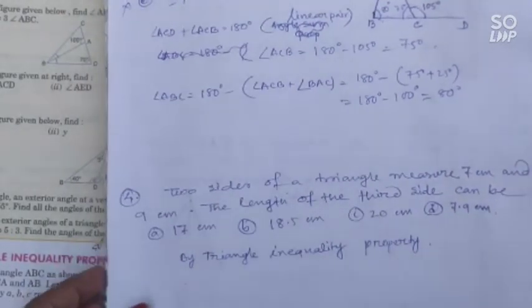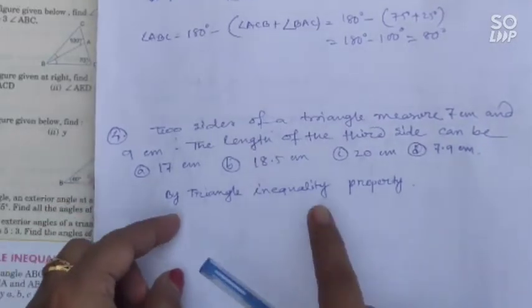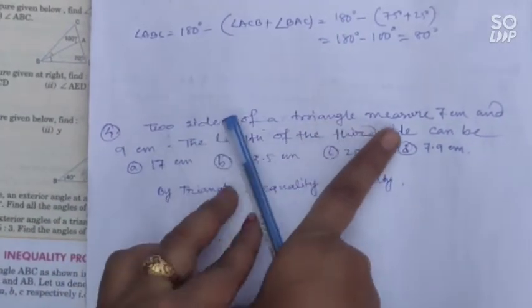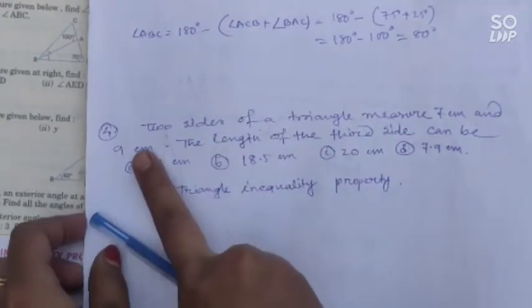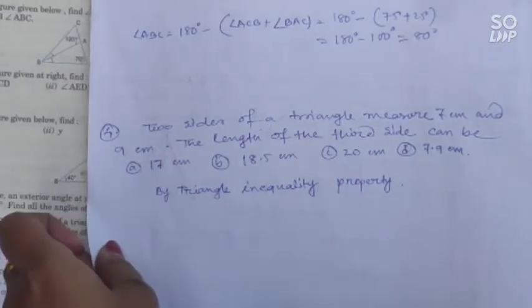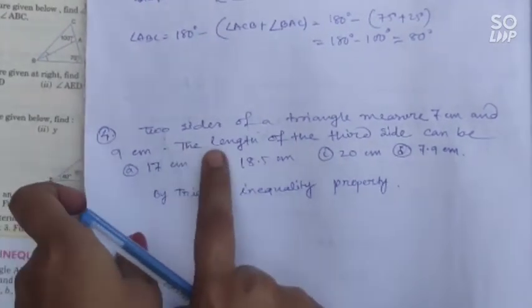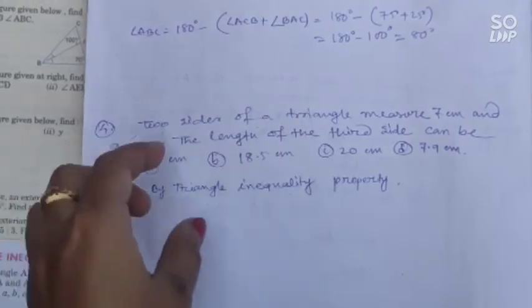Okay, next question number 4. Two sides of a triangle measure 7 cm and 9 cm. What will be the length of the third side?